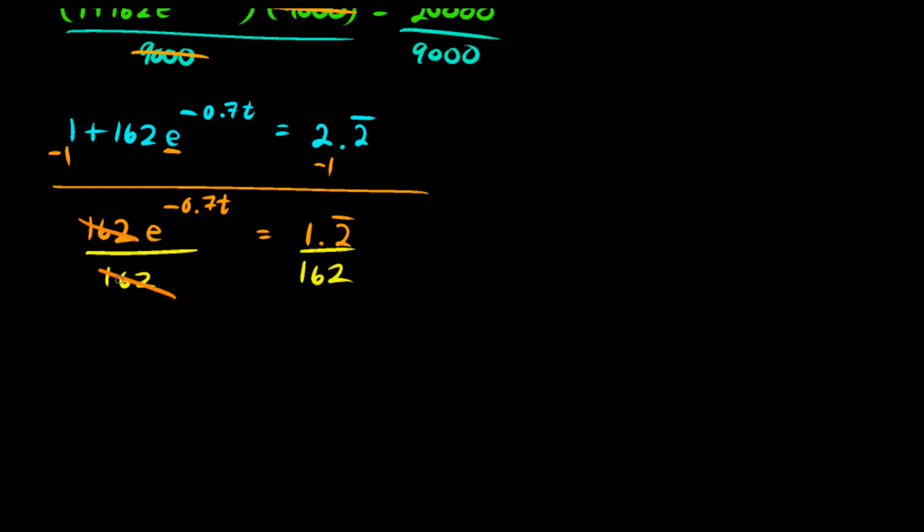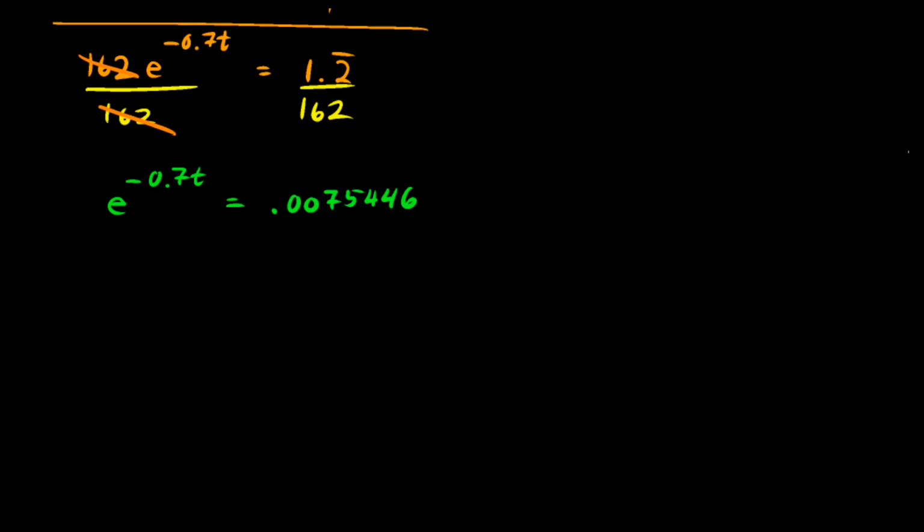That will cancel it on the left. So we have e to the negative 0.7t equals 1.2 repeating divided by 162, which is approximately 0.0075446. Okay, we've isolated this base to this power.